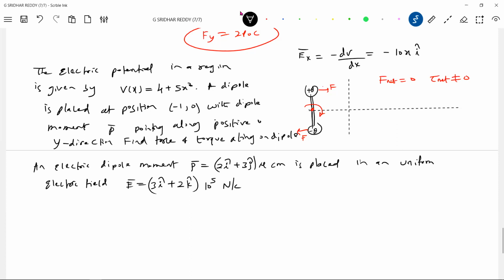So what all you have to calculate? You have to calculate the torque and potential energy. Find torque and U.